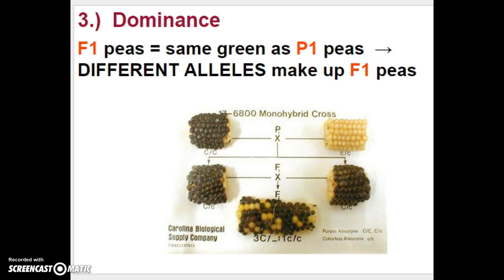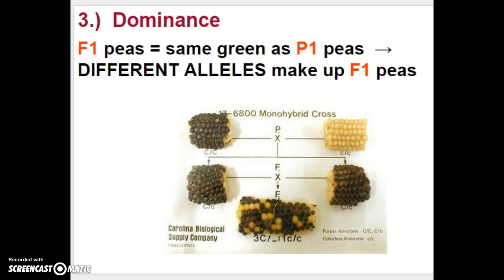Don't always equate dominant with more popular and recessive with less popular. That doesn't have anything to do with popularity or how much it's present in a population, because recessive traits can actually be more popular in a population. It all depends on what alleles the parents have.